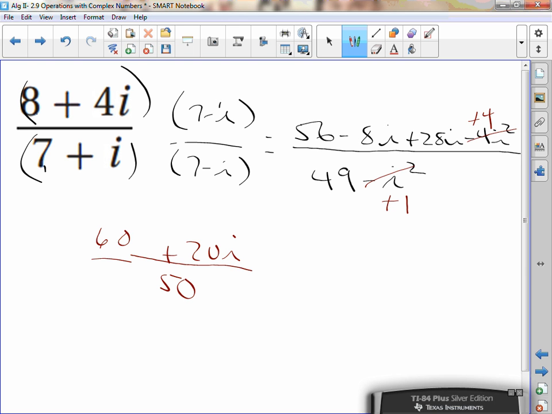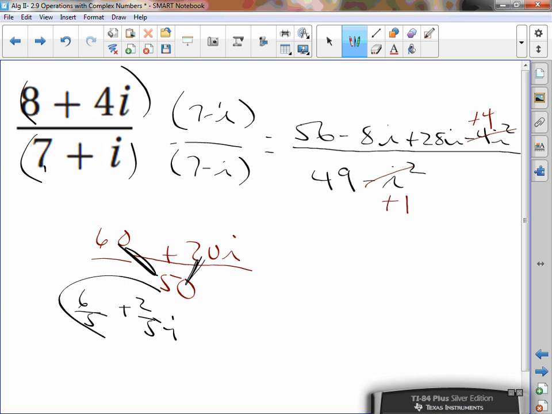Now I need to simplify. 60 over 50. Well, I can get rid of the trailing zeros. 6/5. 20 over 50. Get rid of the trailing zeros. Plus 2/5 i. And that's your answer. 2i over 5 is the same thing.